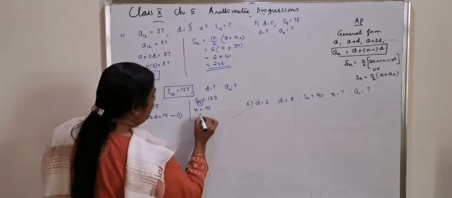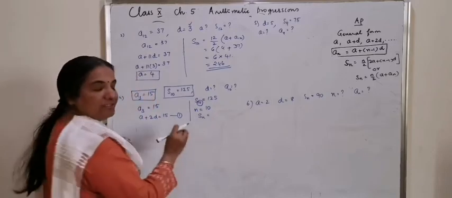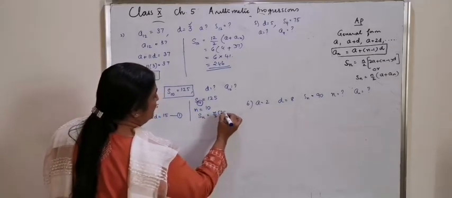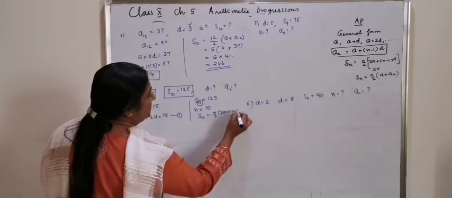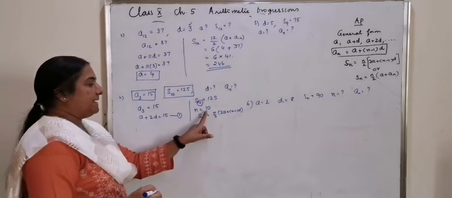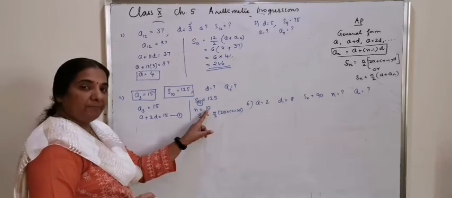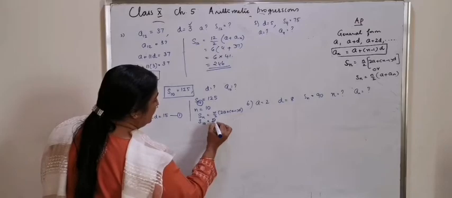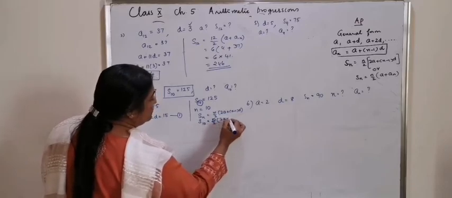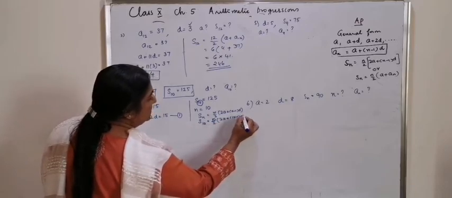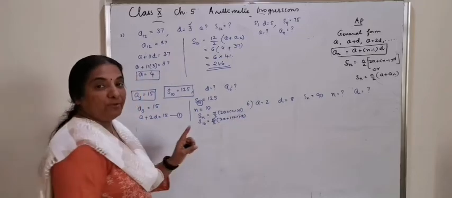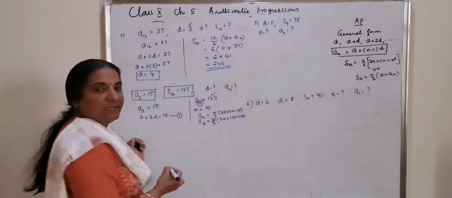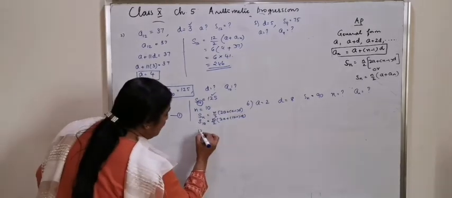Let's write the formula of Sn. Sn is equal to N by 2, 2A plus N minus 1 into D. Substituting the value of N as 10, S10 is equal to 10 by 2, 2A plus 10 minus 1 into D. What's the value of S10? 125.